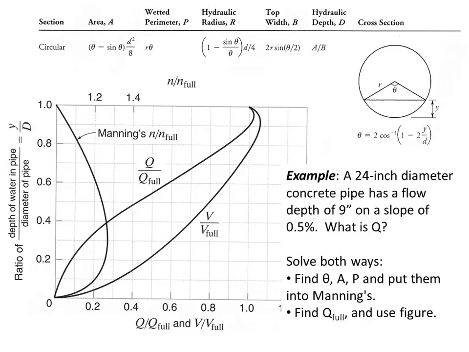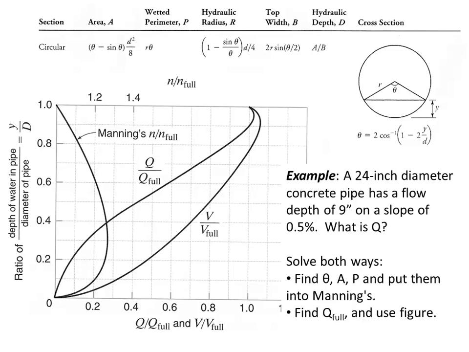So for the diameter that's given, for the slope that's given, for the n value that's given in any particular example, find Q full. If the water was all the way to the very top of the channel, what would be the flow capacity of the pipe?